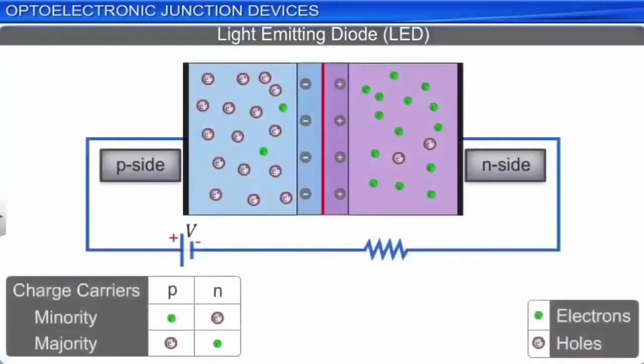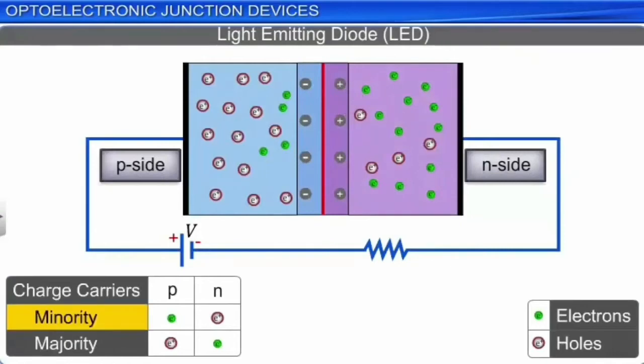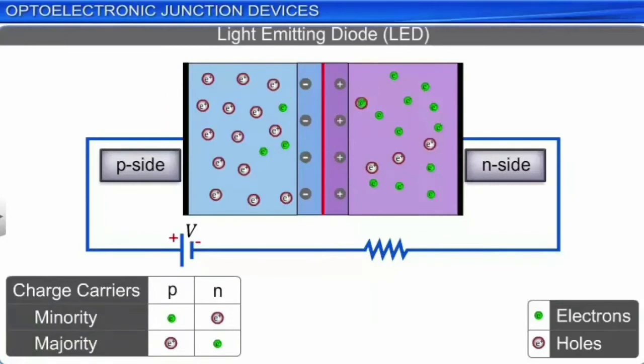If we properly choose the semiconducting material with which the diode is to be made, so that the energy emitted during recombination belongs to visible light, in that case we can see that light emitted. That is how an LED is fabricated. We choose the semiconducting material in such a way that its band gap energy is in the range of the energy of visible light.